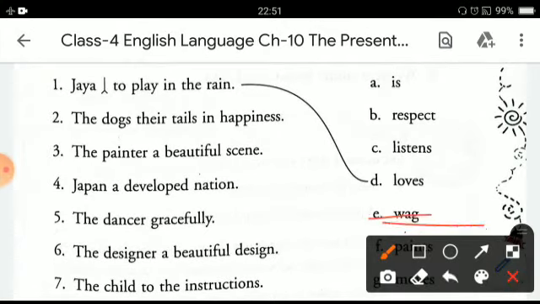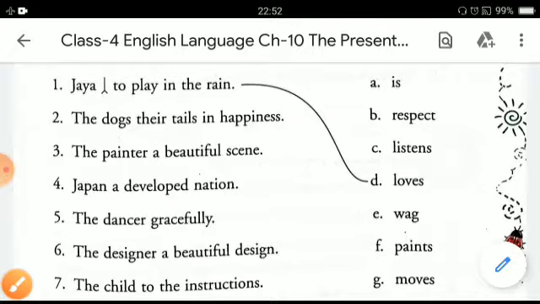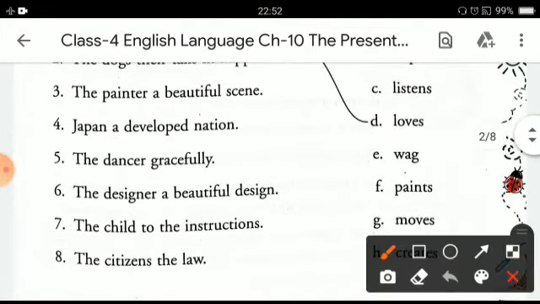Third one is the painters dash a beautiful scene. And the missing verb is paint: the painters paint a beautiful scene. Japan dash a developed nation. The verb that is missing is: Japan is a developed nation.